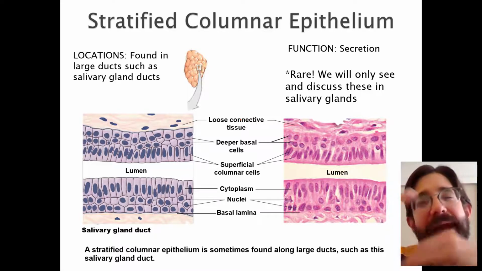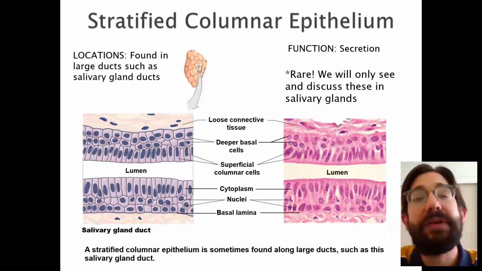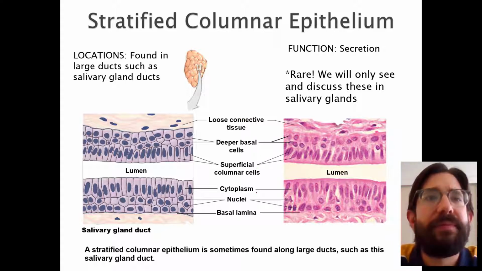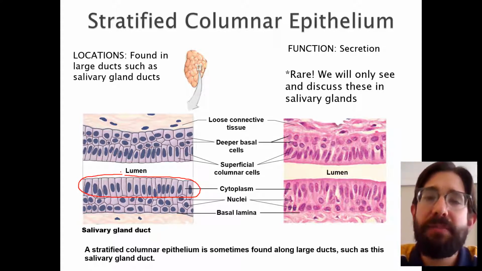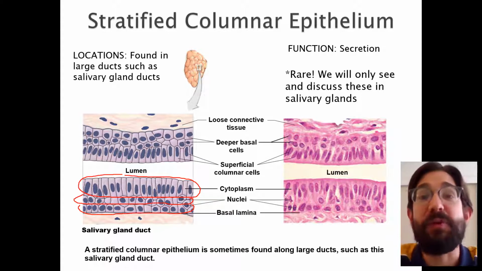When you start to stack up cells, they might look different from each other. In other words, the first layer of cells in a tissue may look columnar shaped, but the cells in the deeper layers may be more cuboidal, or maybe they get even more squamous, get flattened.